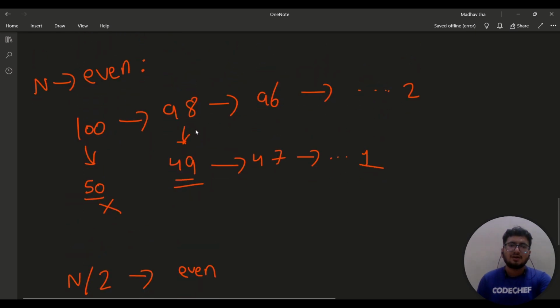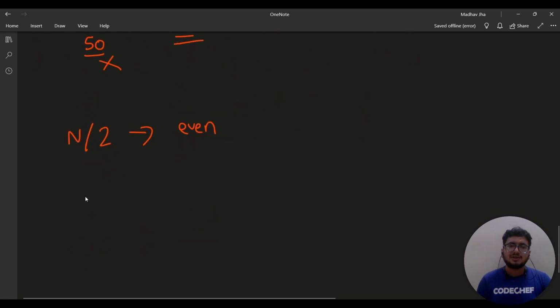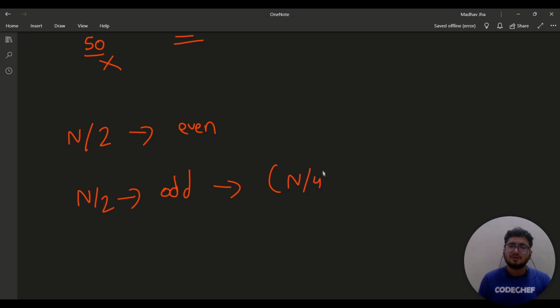Now we'll check whether, if we apply the second operation on n, that is, if n divided by 2 is odd, then it would mean that we can also get half of all the odd numbers that are in the range 1 to n by 2. That would mean that it would be n by 4.